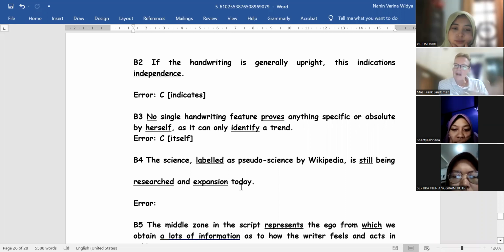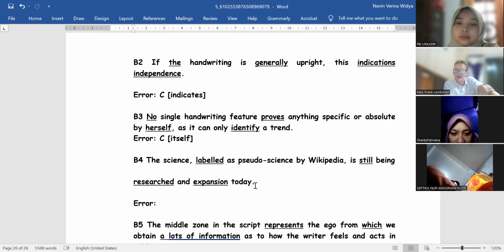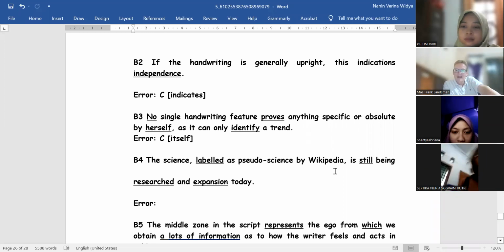Before is parallel construction. So you use one form and you use it again. Jadi satu bentuk diulangi ya, digunakan lagi. So no single handwriting feature proves anything specific or absolute. The science labeled as pseudoscience, so not real science, fake science, you can say, is still being researched and expansion today.